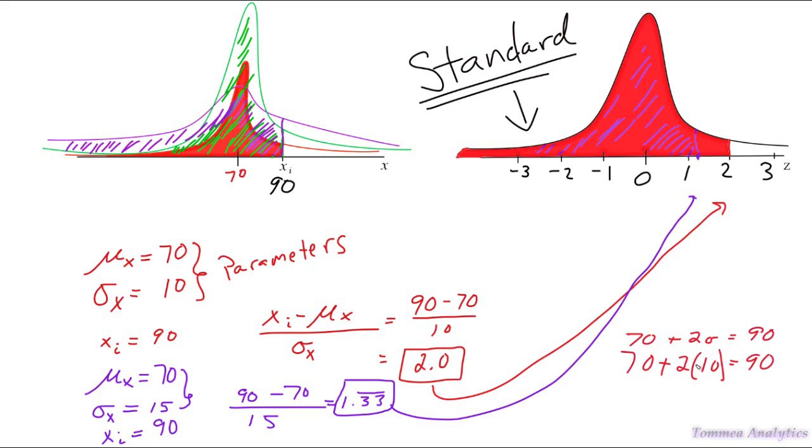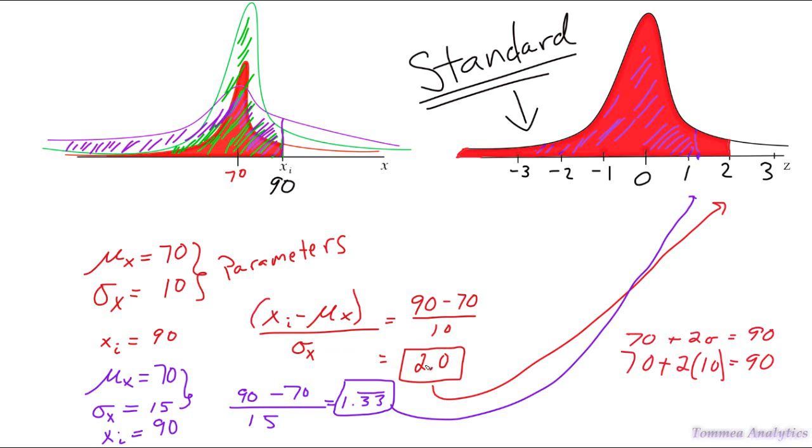And the larger the z-score is, the further out the observed score lies in the distribution. If we look at the z calculation in the numerator, this effectively gives us the distance between 70 and 90, and when we divide by the standard deviation, it puts that distance in terms of standard deviations.